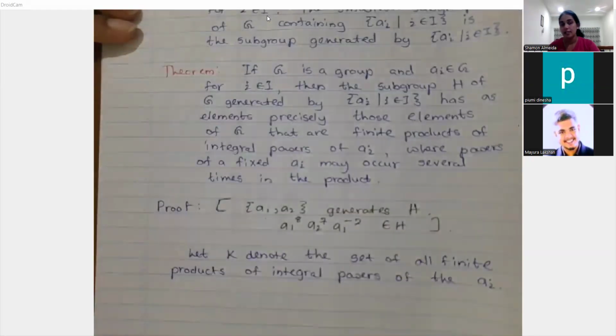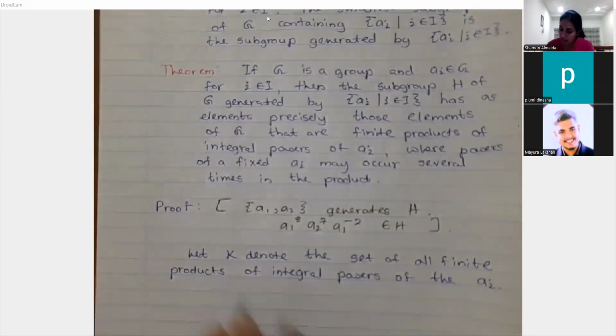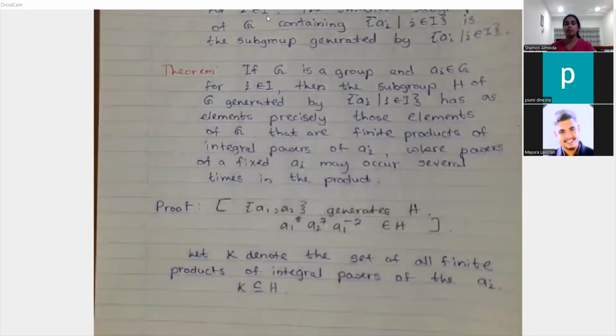Now, H is generated by all these a_i, and K is a set containing all finite products of integer powers of these a_i. Then we must have K to be a subset of H, right?